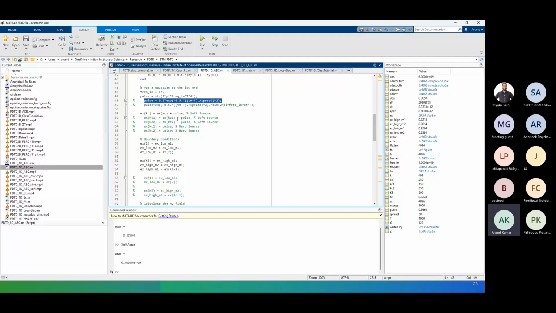Then we add the same pulse, or if you want two different types of sources, you can also use pulse 1 and pulse 2, define them differently, and add them to the electric field at the positions where you want the two sources. Similarly, for a hard source, instead of adding them to the electric field, you just directly make them equal to the excitation.